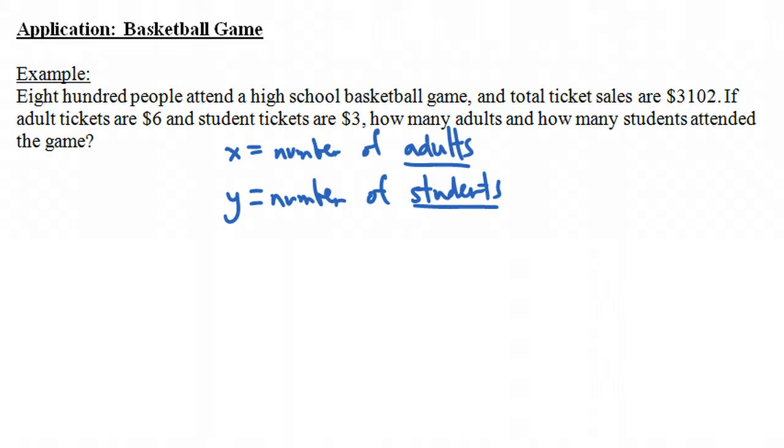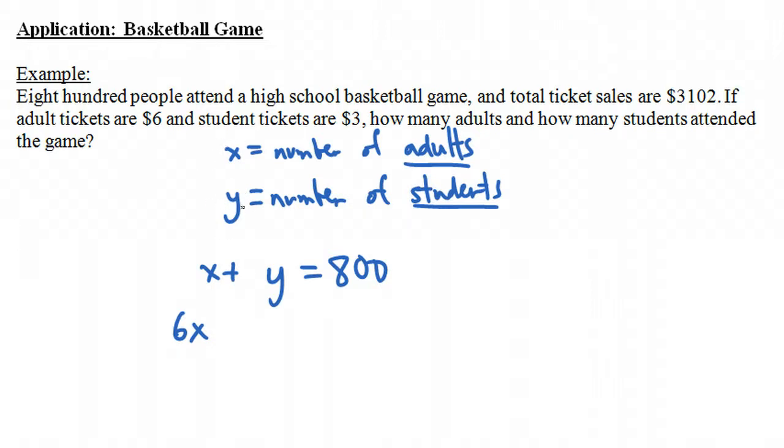Now, we also have to come up with some equations. Now, we know that 800 people attended the game, so what that means is that X plus Y is 800. The next thing that we know is that the total ticket sales were $3,102. Well, if the adult tickets are $6, then 6x tells you how much money came from the adults.